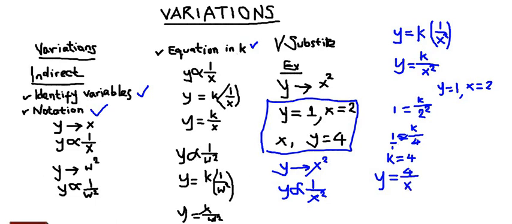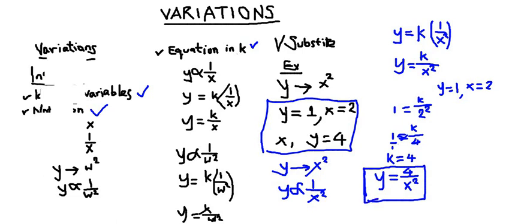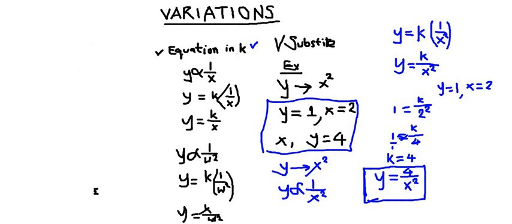This is the equation of variation that is determining the values of this relation. So with this equation, we can now find whatever missing values we are looking for.